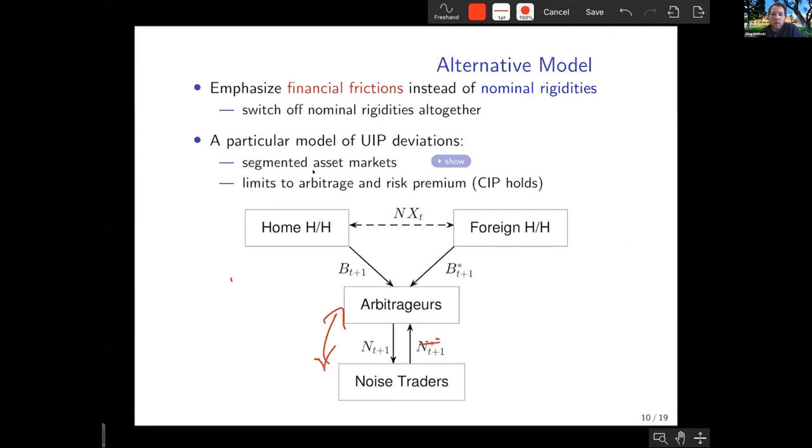This is a model of limits to arbitrage, where the arbitrageurs face risk. They need to hold the exchange rate risk, because they're doing the intermediation between home and foreign households. And in the process, they take on the exchange rate risk, which they are unwilling to hold without compensation. The compensation for them is the UIP deviations that emerge in equilibrium.